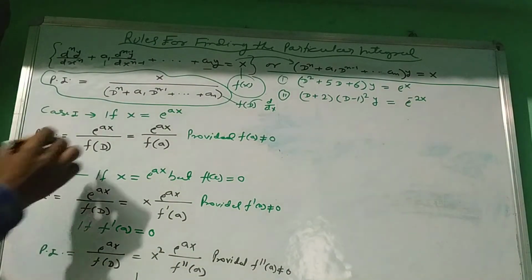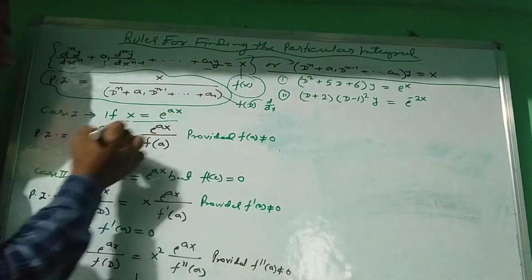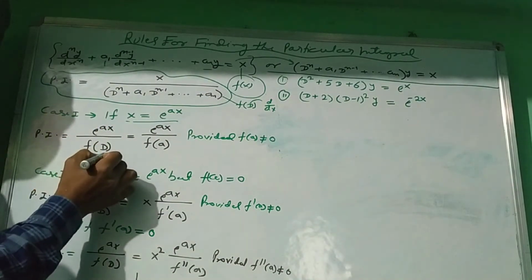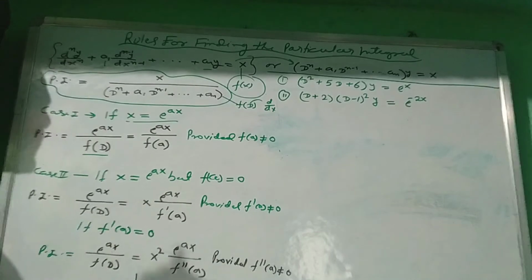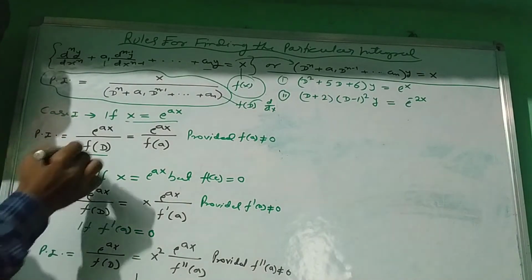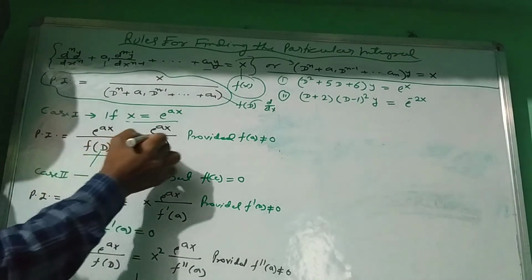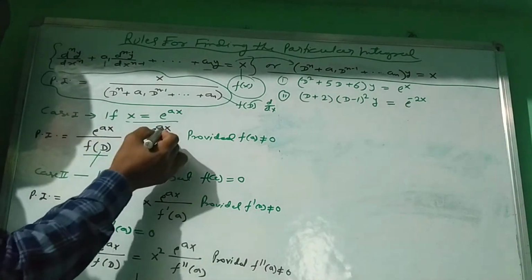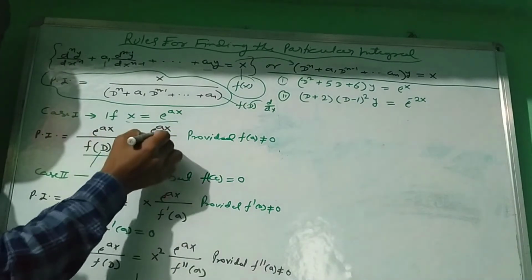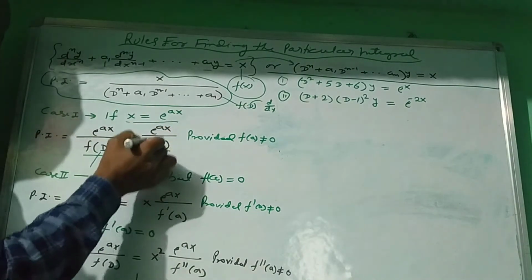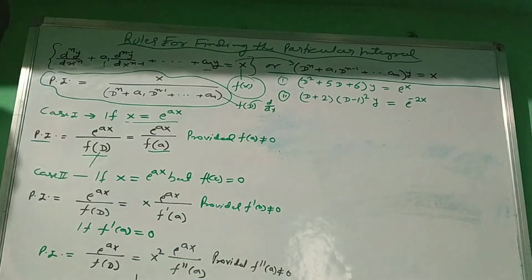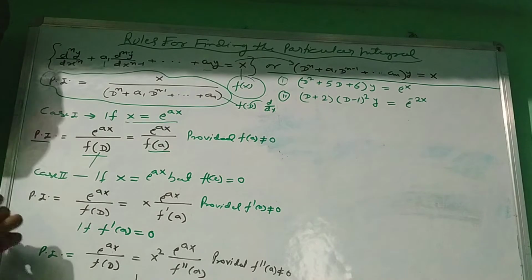If X equal to e to the power ax, then the particular integral is e to the power ax upon f(D), and we can easily calculate the particular integral by replacing the value of D with a. Okay, if we put D equal to a, then this is the answer of the particular integral for this type of function.